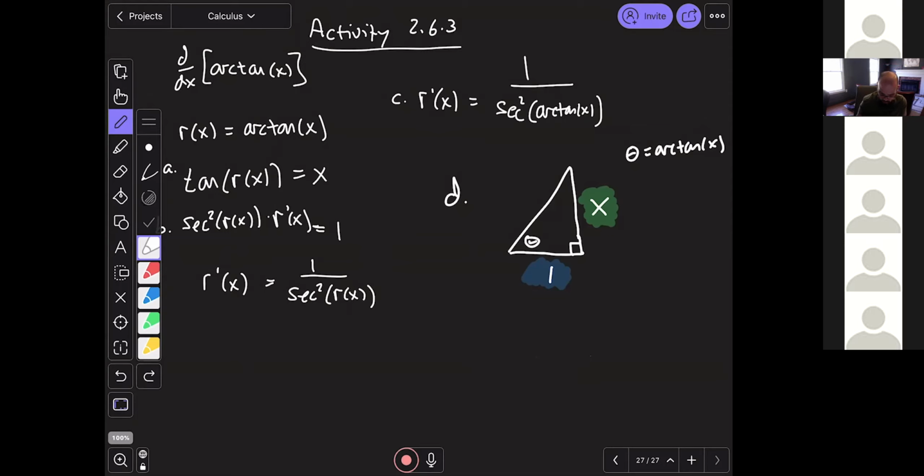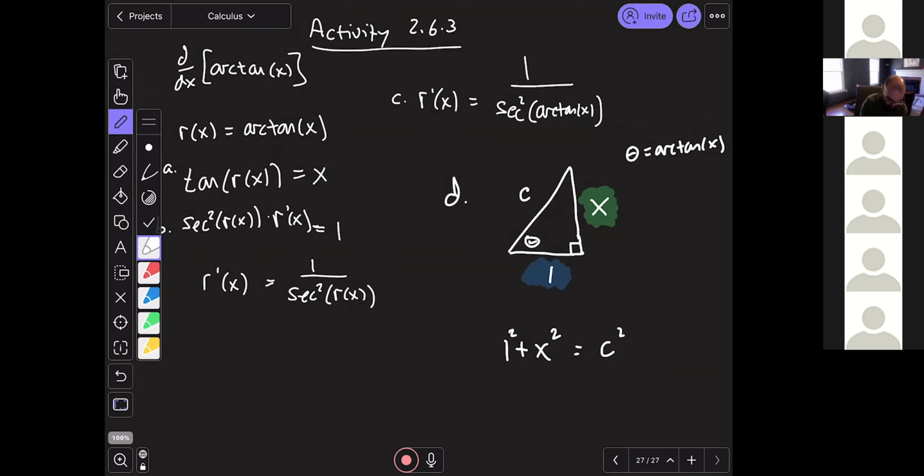The Pythagorean theorem tells us that 1 squared plus x squared is equal to whatever this value is, c. Yeah, exactly. So this would be 1 squared plus x squared equals c squared. If I take the square root of both sides, what Molly said was, you'd get the square root of x squared plus 1.